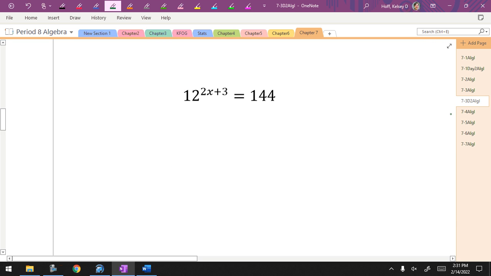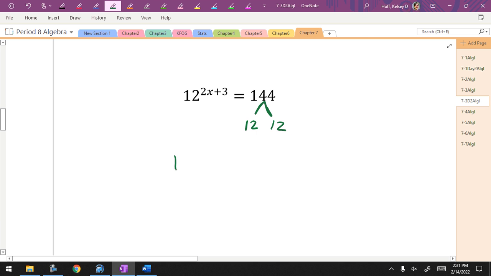Go down. 12 raised to the 2x plus 3 equals 144. So things got a little more intense here, but the same situation. We need to have the same base. Can you rewrite 144 with a base of 12? So break down your factor tree. 144 can be broken down as 12 times 12.